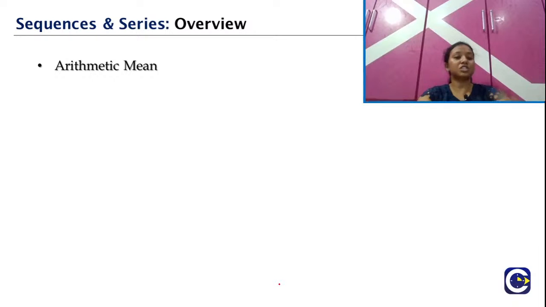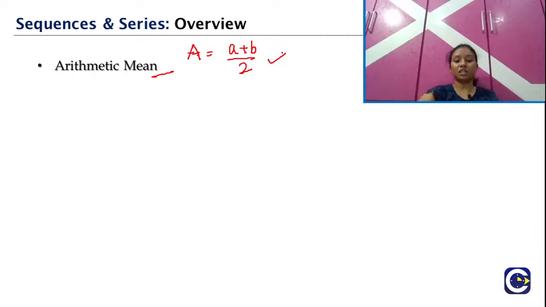In the previous session, we already discussed the arithmetic mean, which is generally represented by capital A. If we have to find the arithmetic mean between any two given numbers, it is given by A = (a + b)/2. Then we saw inserting n arithmetic means between two given numbers.